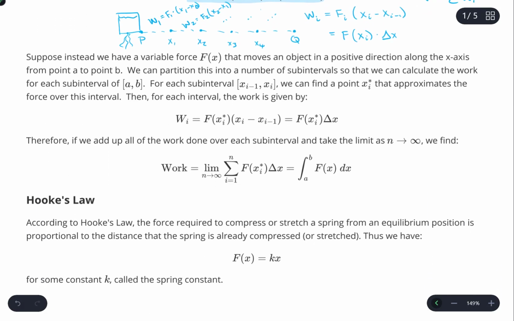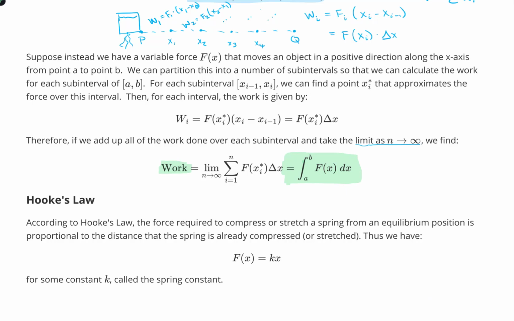Now, another thing that's probably getting fairly common is if you add up all the work over each subinterval, but then you allow the subinterval widths to decrease to 0, or we let the number of intervals increase to infinity, that means the same thing. Then, when we're taking the limit of a sum, we can use integration instead. So we can define work by a variable force through this formula right here.